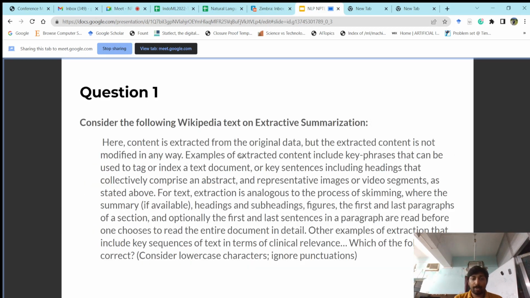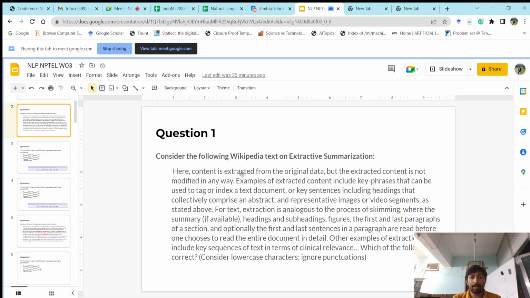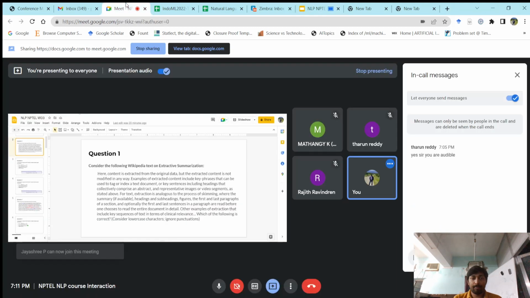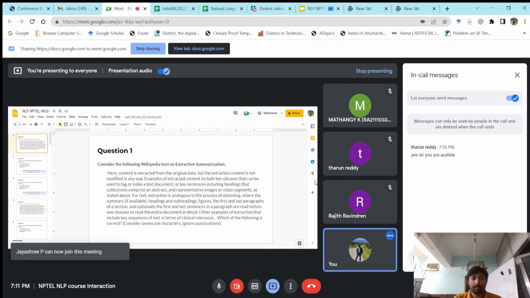Okay, so let us go back to the passage. Can you tell me where we are seeing the unique combination? Let us mark those places. Where do we see the unique combinations?